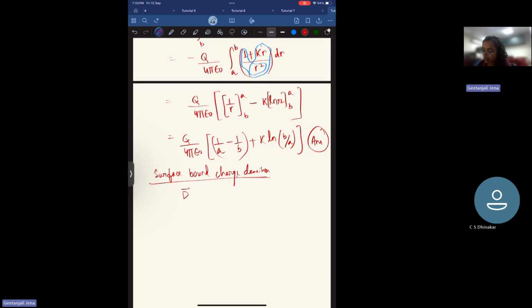D is given, it is epsilon naught epsilon r E. And D we already know is nothing but epsilon naught E plus P, which is epsilon E. So P would be (epsilon minus epsilon naught) E.